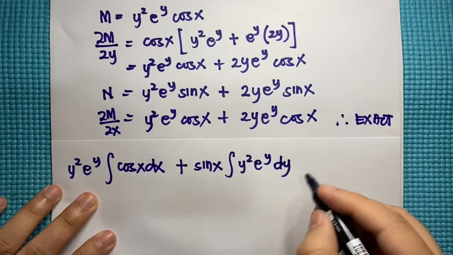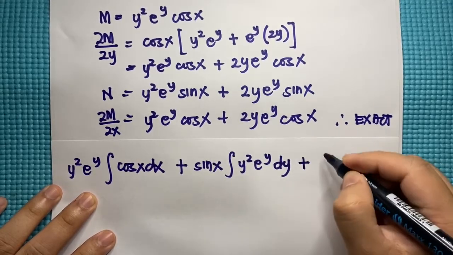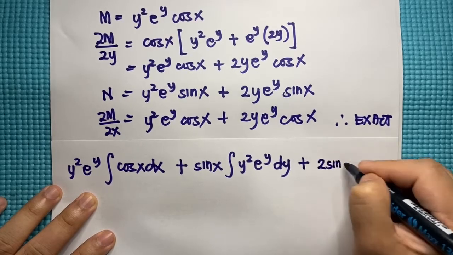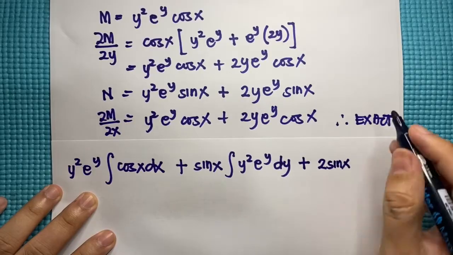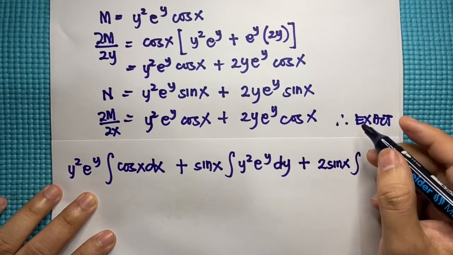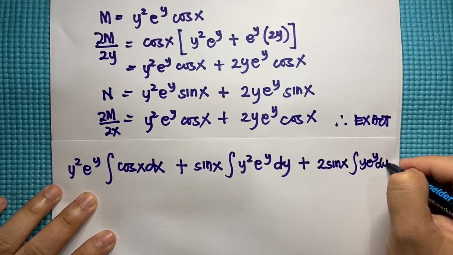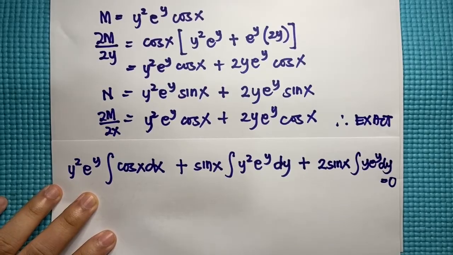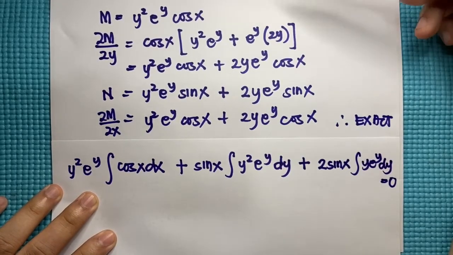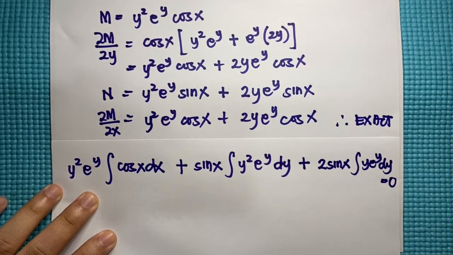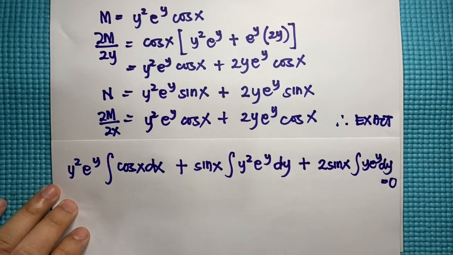And lastly, I'll have plus sine x as well. So this time I'll have 2 sine x, and then the integral of y e^y dy, and that is equal to 0. Correct? So 2 sine x, y e^y dy is equal to 0. The other one, I'll have sine x, then y squared e^y dy.